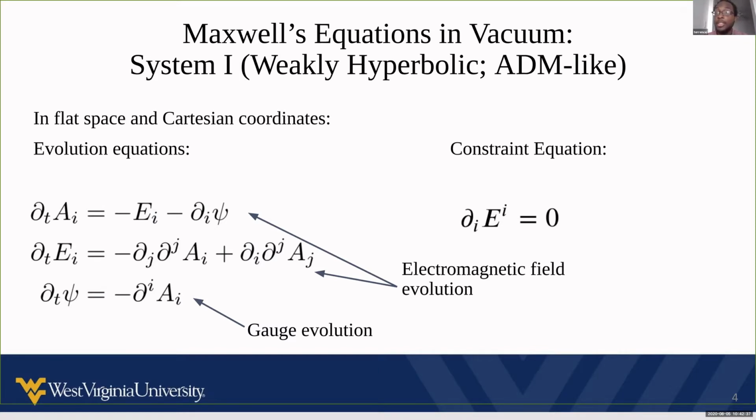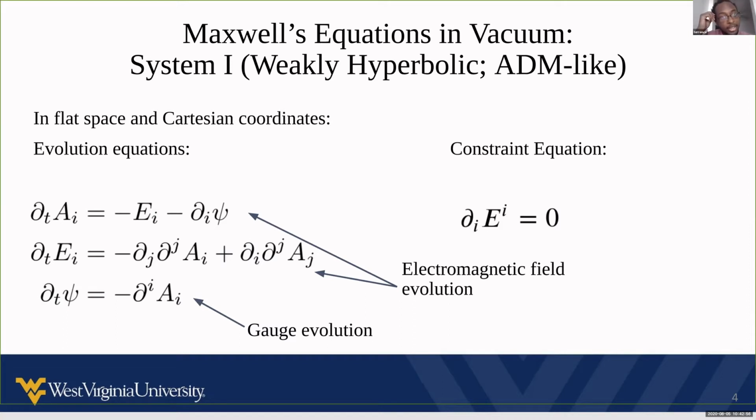We're also working in Lorenz gauge, and so we have this gauge evolution equation for the scalar potential, and on the right-hand side we have the constraint equation, and this comes from Gauss's law. Since we're working in vacuum, there are no sources, and so the divergence of the electric field should be 0.